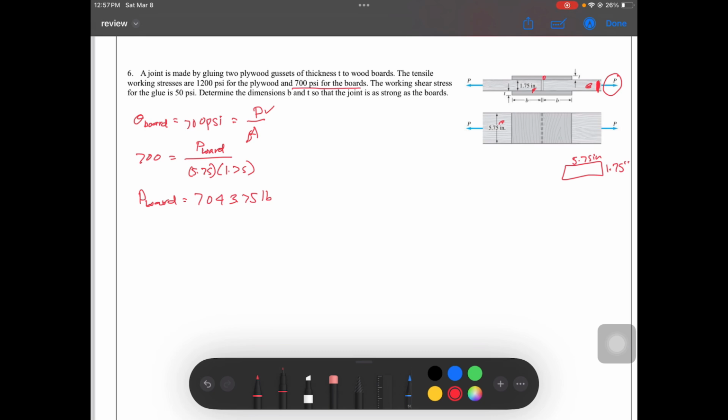So, ibig sabihin itong actual force na to dapat kaya ng ibang stresses sa ibang parts ng system natin. Ano yung ibang stresses na nangyayari? Meron kang tension yielding sa board, which is what we've done na. Meron kang shearing stress dun sa glue. And then, meron kang tension ulit sa plywood.